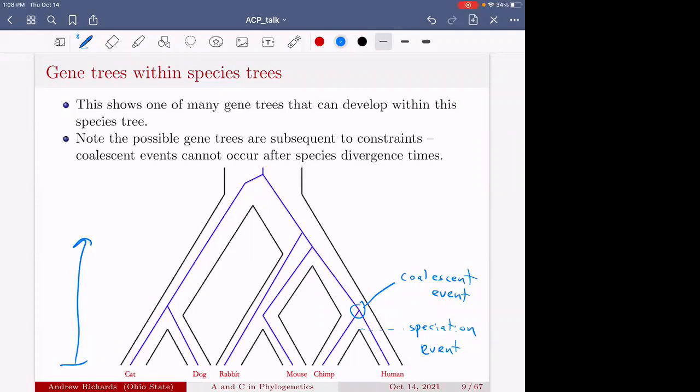So because of recombination, you can have multiple different lineages within the same gene, and conversely, in particular for mitochondria and the Y chromosome that are passed down without recombination, you could have multiple genes with a common gene tree.